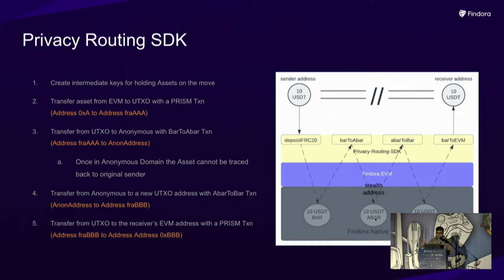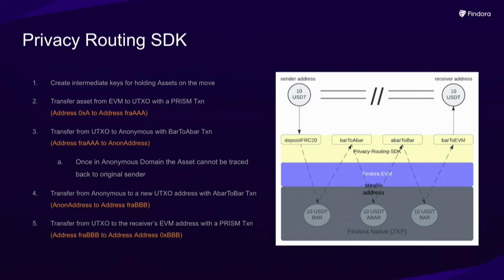This is very similar to Zcash shielded transactions, the main difference being that the conversion can happen for any custom asset. Then from the anonymous domain, you send this to another Findora address, which is not linked to the first address. So the link breaks when you do these bar to A bar and A bar to B bar transactions. In between, there's this private domain which holds the assets.